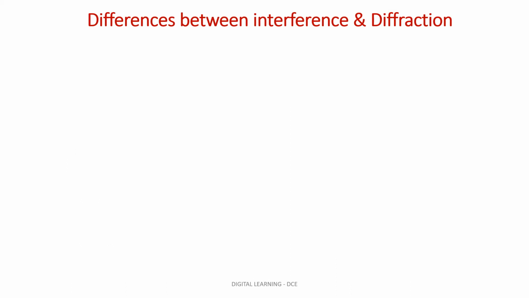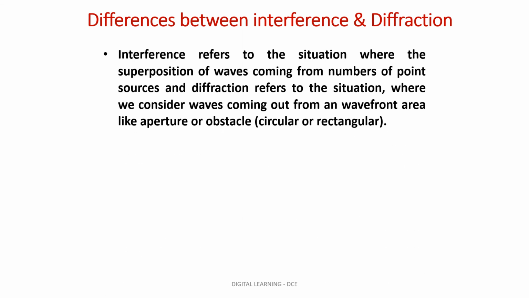Since you have already studied interference in earlier classes, let us draw some differences between the two light phenomena, interference and diffraction. First, diffraction is the result of light propagation from various parts of the same wavefront, while interference is the result of interaction of light coming from two separate wavefronts.